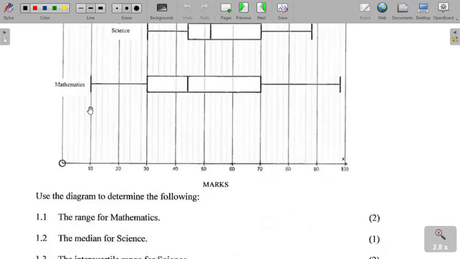We can see here that the smallest value is 10. And then the highest value, this side, is going to be, so it's 2, 4, 6, 8, 10. So yes, it's going to be 98. That is going to be the highest value.